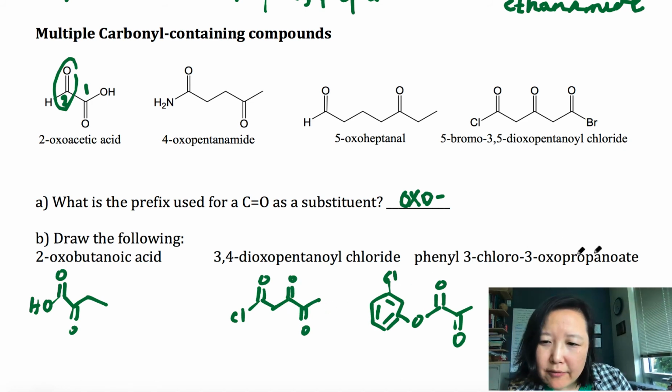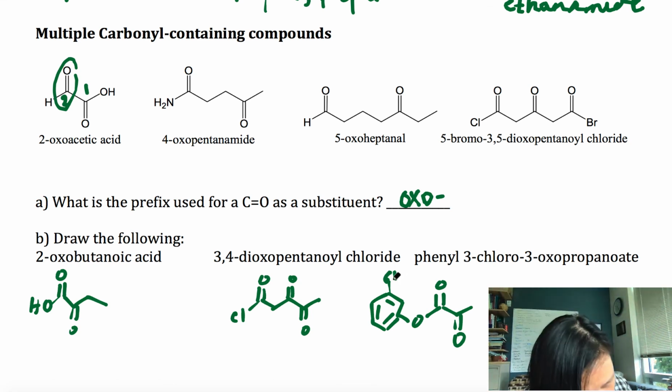Last one is a 3-carbon ester with a pretty involved ester R group here, so phenyl, the 3-chloro coming off of this O, because that came first in the name. Actually though, phenyl, 3-chloro, 1, 2, 3. I believe because this is all together, actually I was wrong, this chlorine should go on the end here. That's carbon 3.